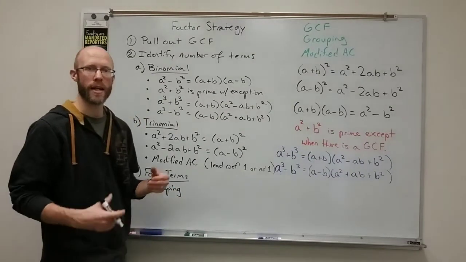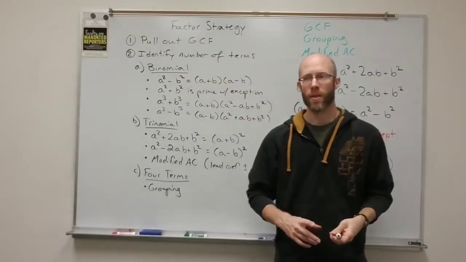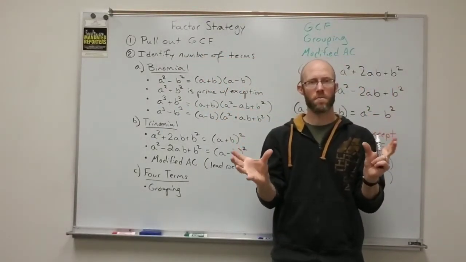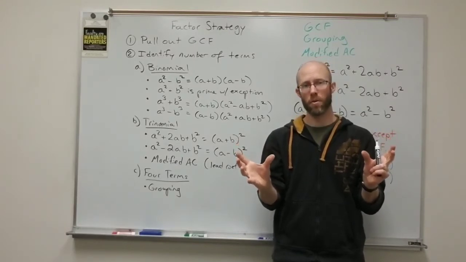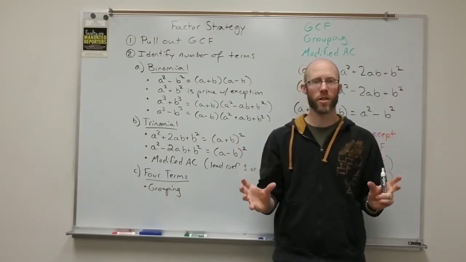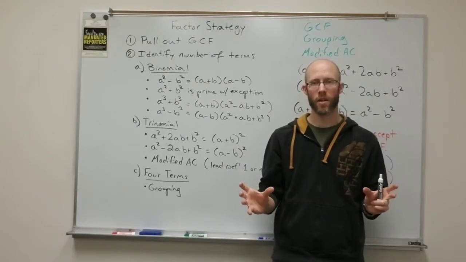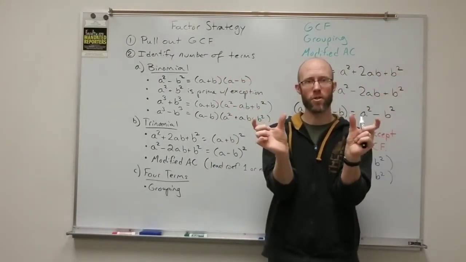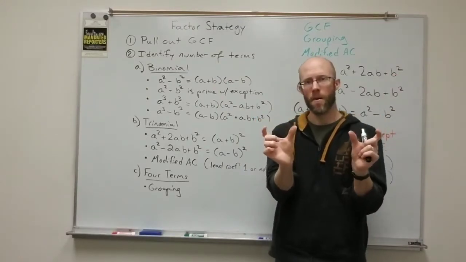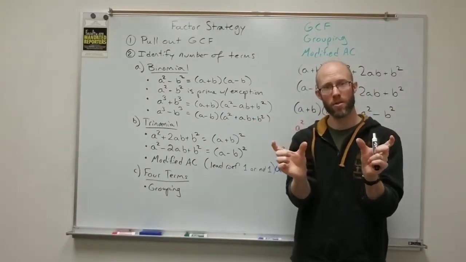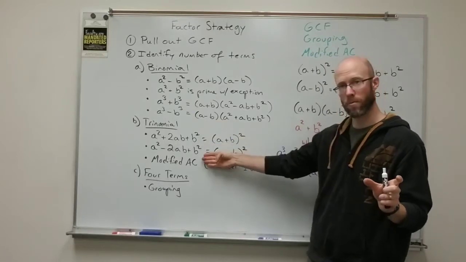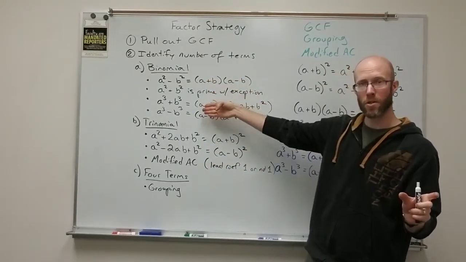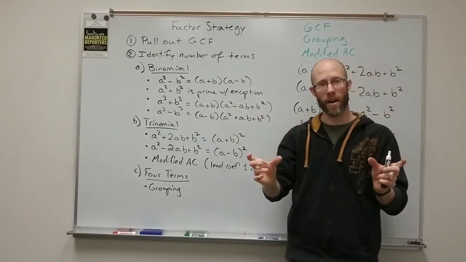Now remember, anytime you factor a polynomial, the factors themselves could be factorable. And so you always want to continue factoring, sort of re-evaluating at each step. So if I factor a trinomial and I have 2 binomials as the result, the question is, are these 2 binomials then factorable? So I might start with a trinomial, factor it into 2 binomials, and then have to look at all the binomial options to see, does this continue to factor?